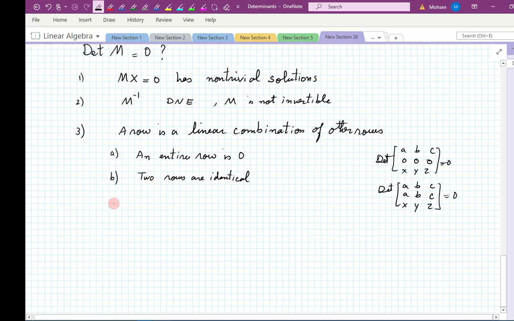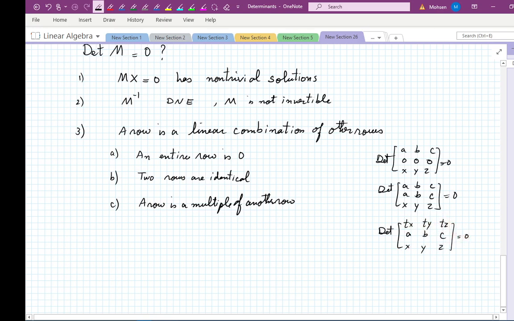A slight variation on this: a row is a multiple of another row. So they are all baby cases of this case 3. Suppose I have a, b, c here and x, y, z here, and the first row, say, is a multiple of the third row, such as tx, ty, tz.